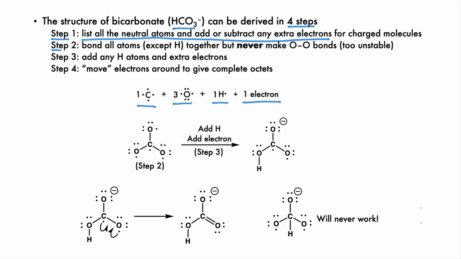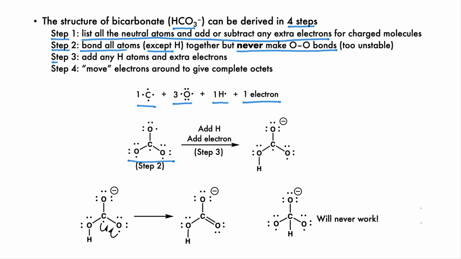The second step is to bond all the atoms together except for hydrogen. Never make oxygen-oxygen bonds. They are too unstable. There may be more than one way to do this. For bicarbonate, we draw carbon as the central atom and bond all of the oxygens to it. At this point, carbon and the oxygens all have 7 electrons each.